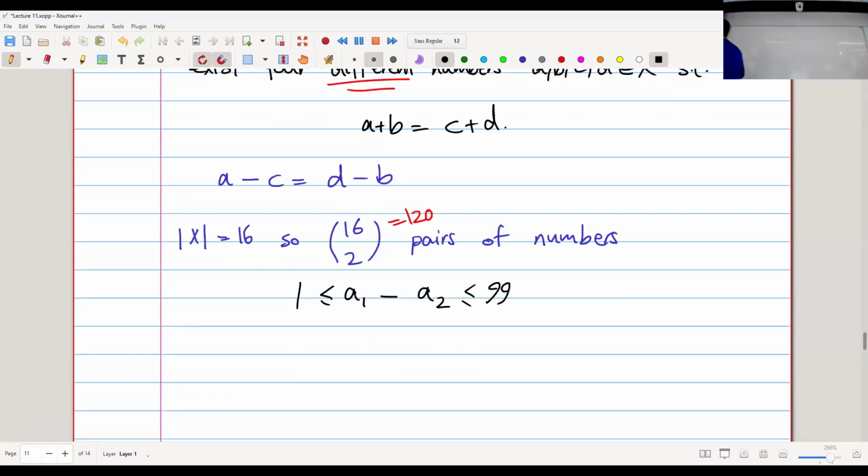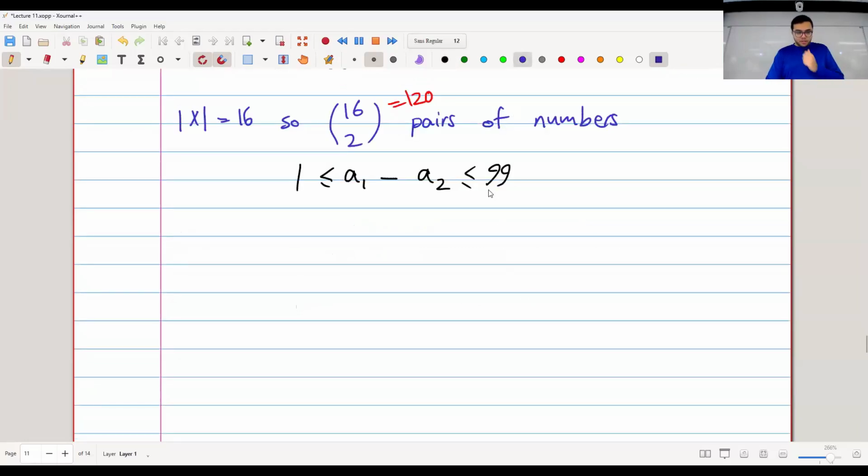So my differences will range from 1 to 99. But I have 120 pairs of numbers. So if I look at the 120 differences between these pairs of numbers, there are 2 of them that are the same, at least, because I have 120 differences and all of them are between 1 and 99. Okay, so what does this tell you? So there are 2 pairs.